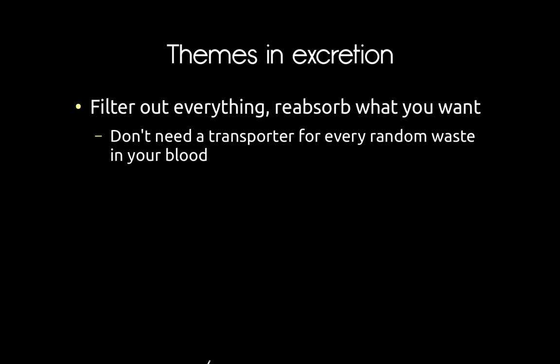The first one is that what we're doing is filtering everything out of the blood, except for the cells and proteins, of course. We filter everything out, and then we pull back in what we want. This is a really important concept, because it means we don't need a special transporter for every random waste that happens to end up in your blood.